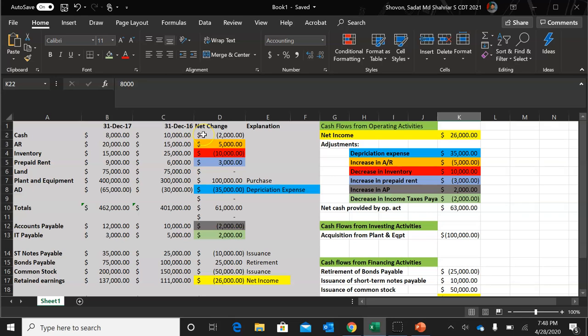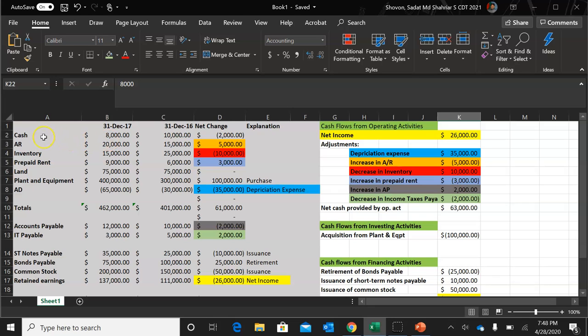In the accrual method, to find the change in an asset, you deduct the asset of the earlier year from the asset of the recent year. So in this case, for cash, to find the net change from December 2016 to December 2017, we deduct 10,000 from 8,000, and we get a net change of $2,000.